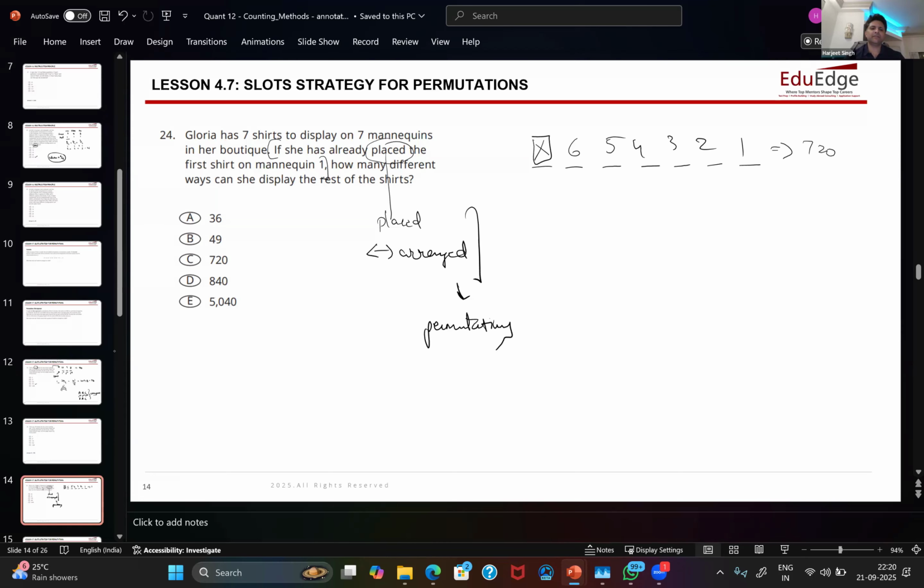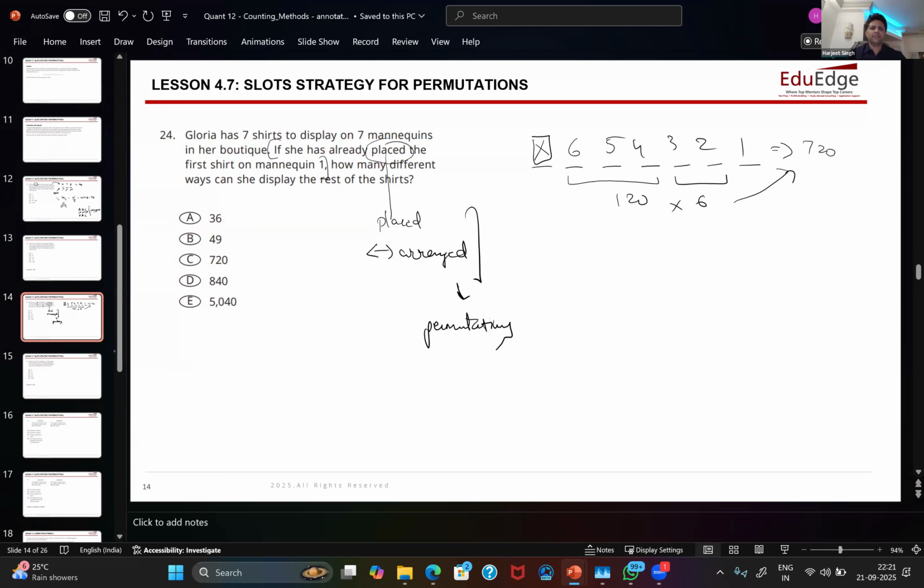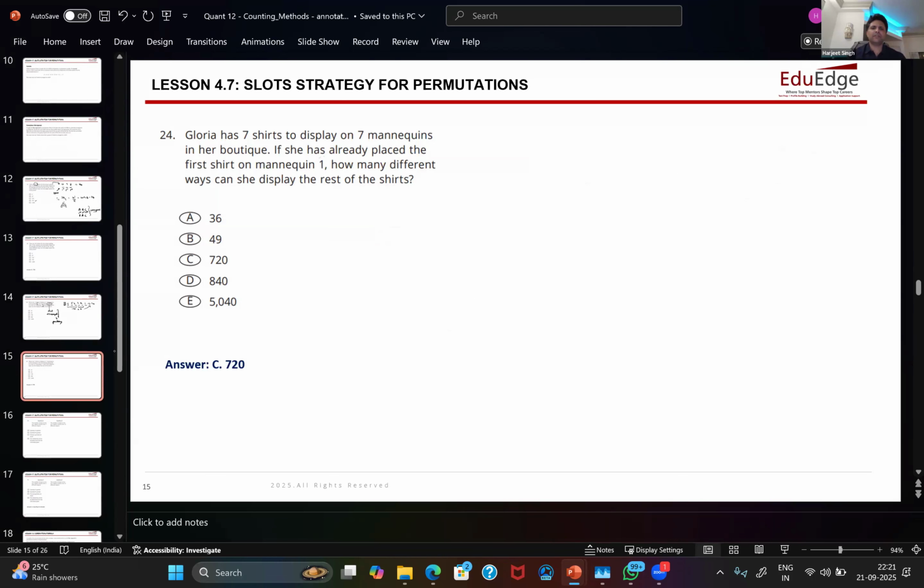So answer is 720. So this is 30. 30 into 4 is 120. This is 6. 120 into 6 is 720. Got it, right? So usually there will be constraints and those have to be taken care of.